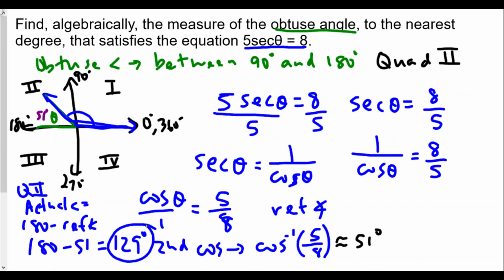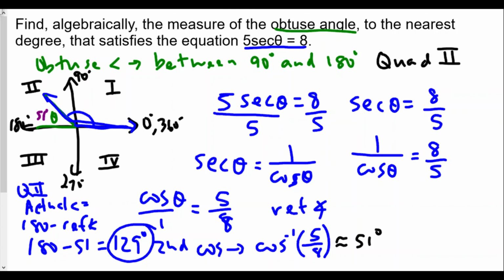Second, since it's a reciprocal function, flip it to get the ratio we're used to. There's no secant button on the calculator, but we know secant is 1 over cosine. So 1 over cosine equals 8 over 5, which means cosine over 1 equals 5 over 8. Then we take second cosine of the ratio and find the angle measure to the nearest degree, because it says nearest degree.